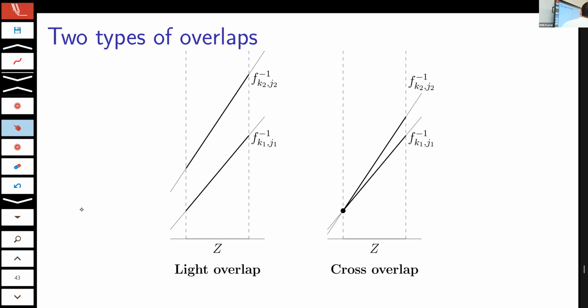To do that, we investigated the different types of overlaps we have in the system. We want to differentiate between these two types of overlaps. The one on the left is what we call the light overlap, because it's very easy to deal with these ones. The second type, the cross overlaps, when two branches overlap and they do have a common point, was a bit harder to deal with.